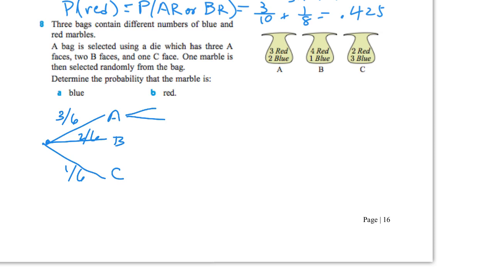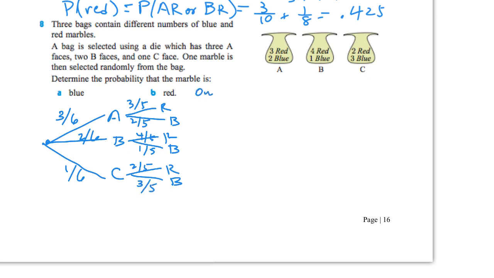So we got red, blue, red, blue, red, blue. And all we have to do is look at the bag. Bag A has got 3 reds, 2 blues, so this is 3/5, 2/5. Next, it's 4/5, 1/5. And in the final bag, 2/5, 3/5.